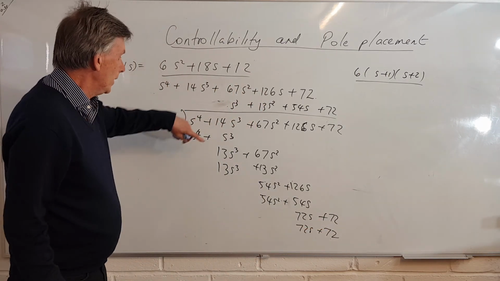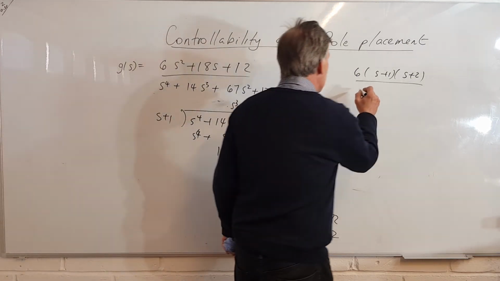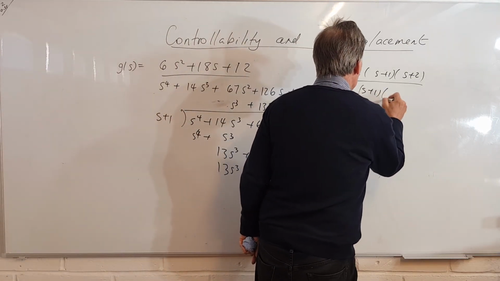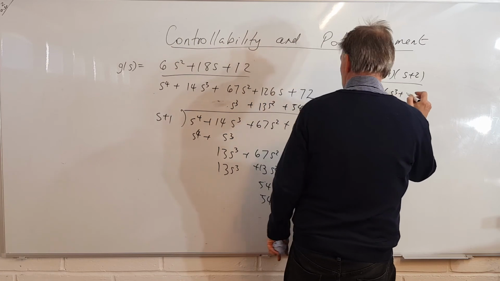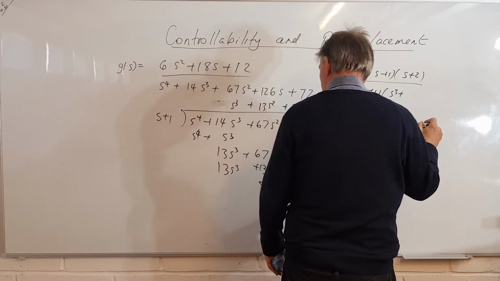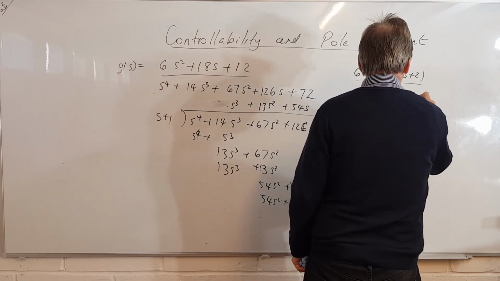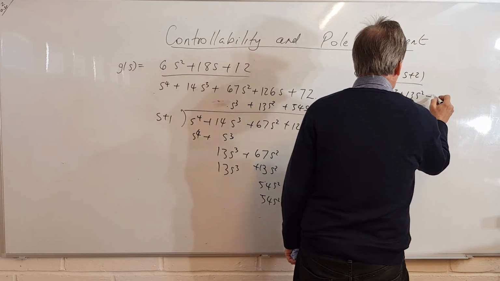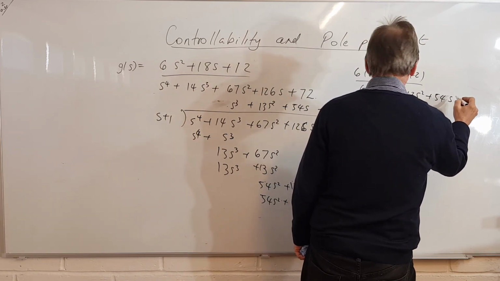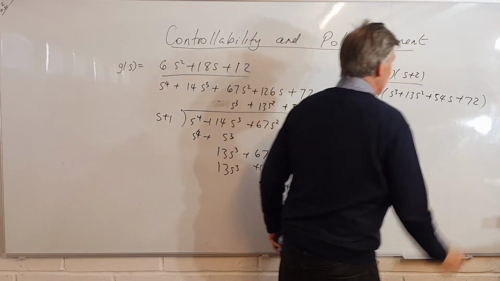So therefore we could rewrite this as s plus 1 into s cubed plus 13s squared plus 54s plus 72.